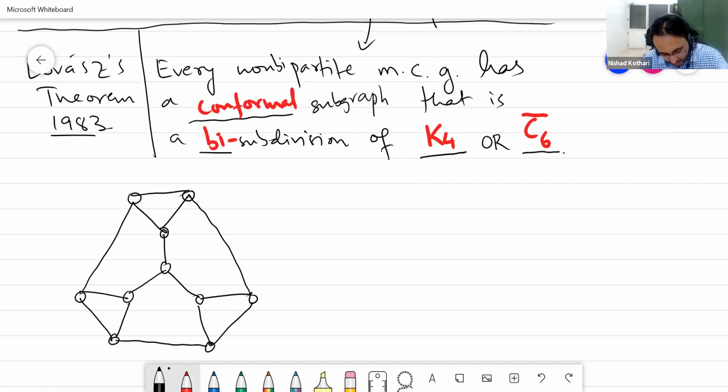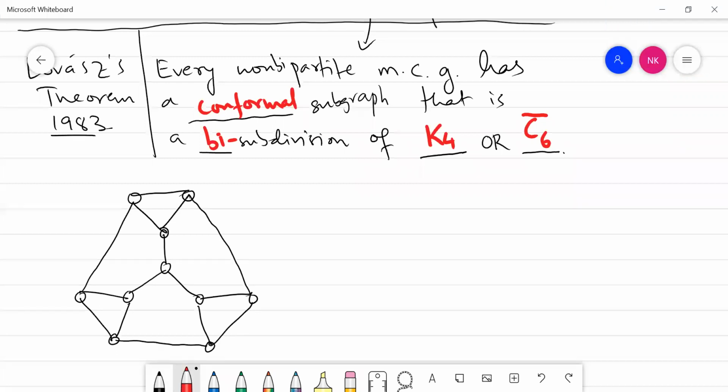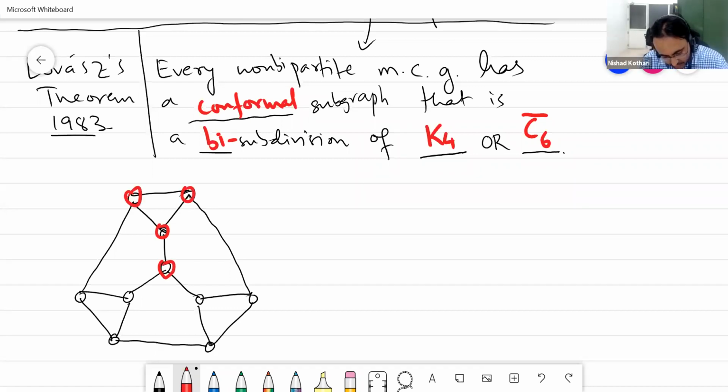Thanks. Okay, so what I want you to do is look at this subgraph here. I've taken 4 vertices and I'm going to join any 2 vertices by a path. 1, 2, 3, 4. Now I need to connect this one with this one here like this.